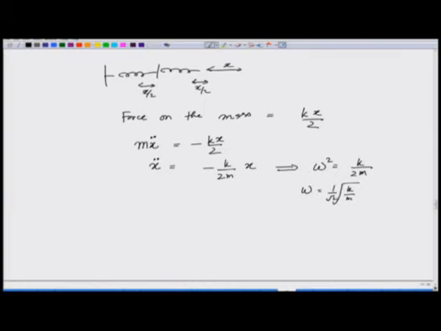So, the frequency in this case, if two identical springs are attached in series, is reduced compared to a single spring by a factor of 1 over root 2.